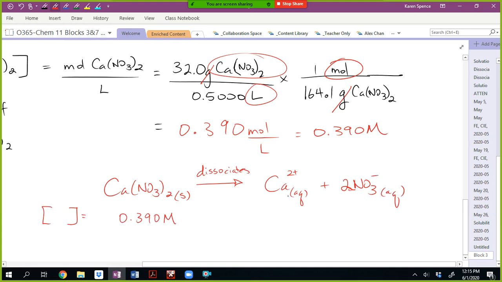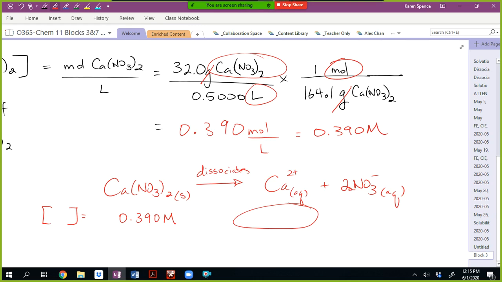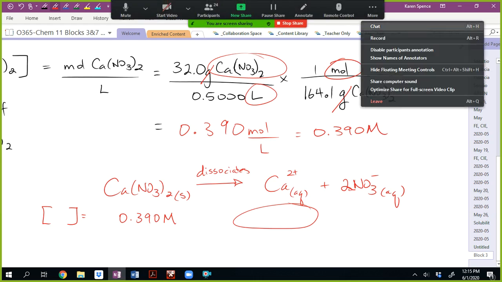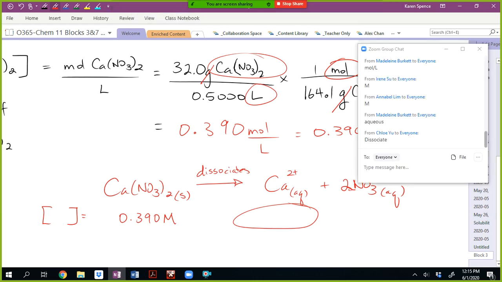What's the concentration of calcium ion, Ca2+, going to be if the concentration of calcium nitrate is 0.390? 0.390, yeah!